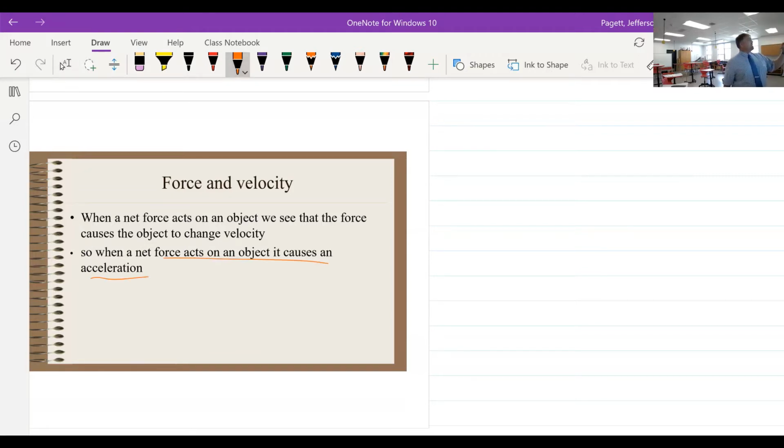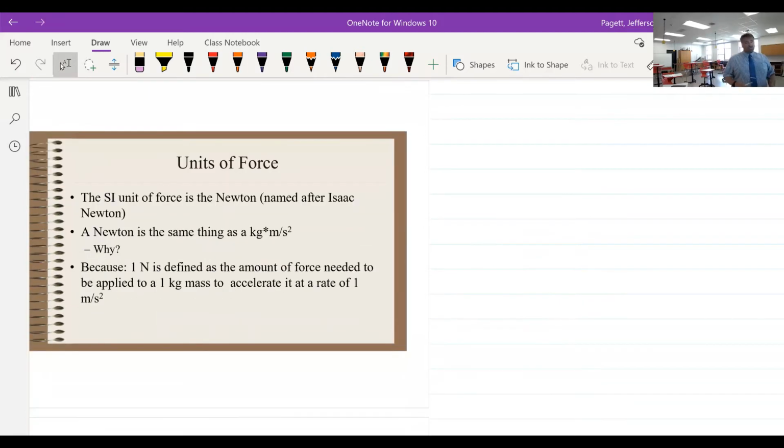So whenever F net is not equal to 0, because this is going to be something else we talk about later called equilibrium, when the net force is not equal to 0, then we get a delta V. We have to have a change in that velocity.